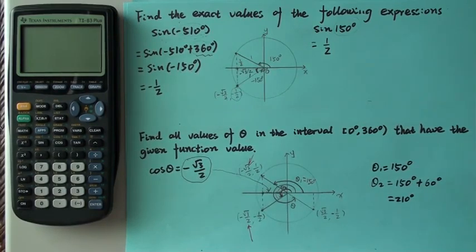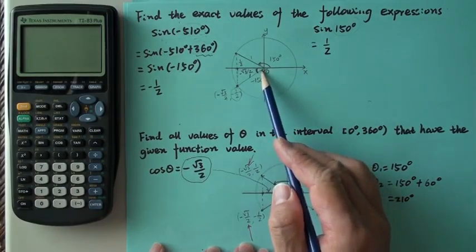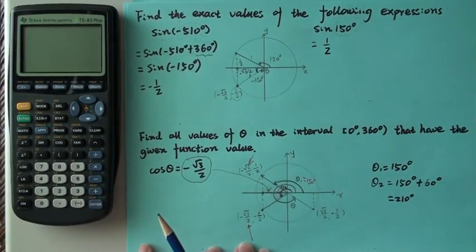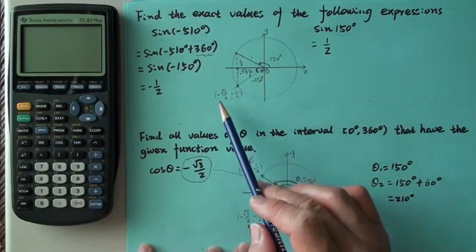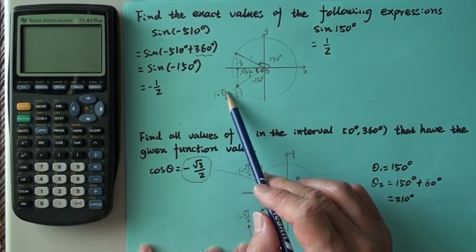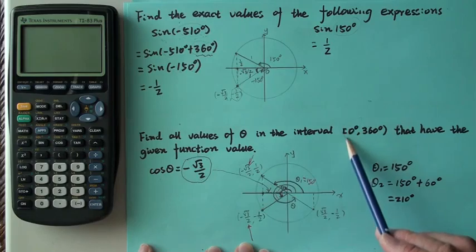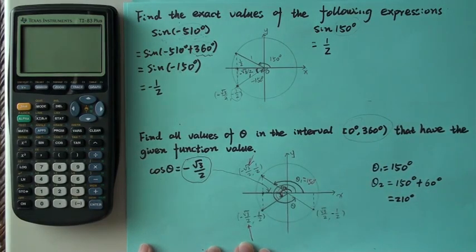You may ask, why don't you use negative 150? Negative 150 also has cosine negative radical 3/2, but you want positive angles from 0 to 360.